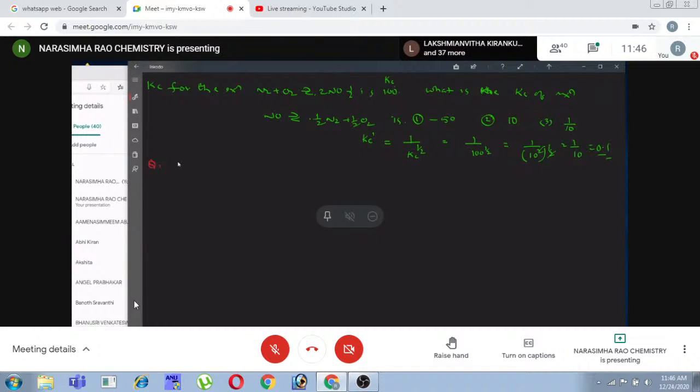Equilibrium concentrations of SO2, O2 and SO3 are 0.5, 0.25 and 0.25 respectively.